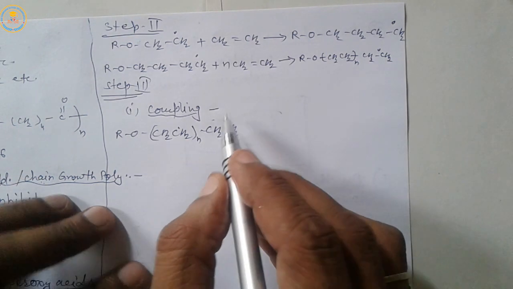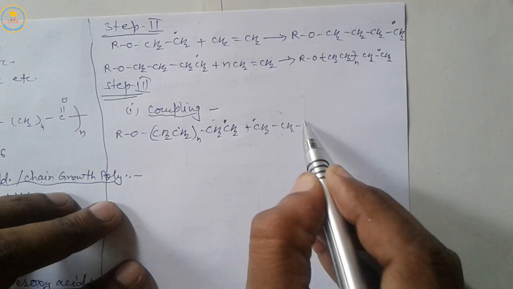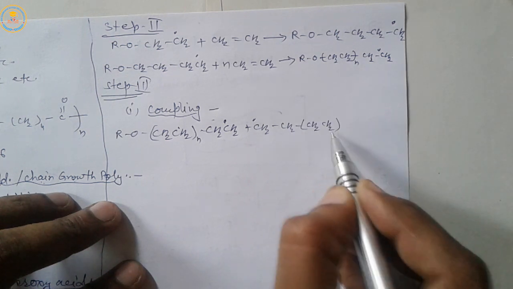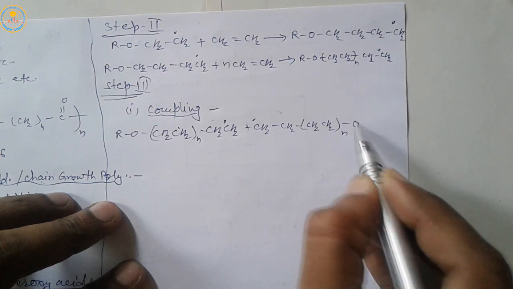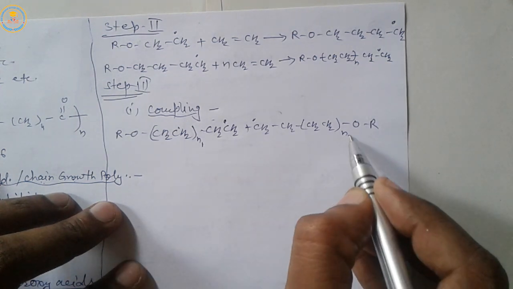It is a free radical chain, and it is another free radical chain. Suppose n1 and here n2.